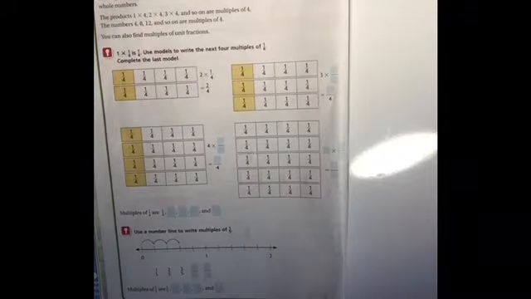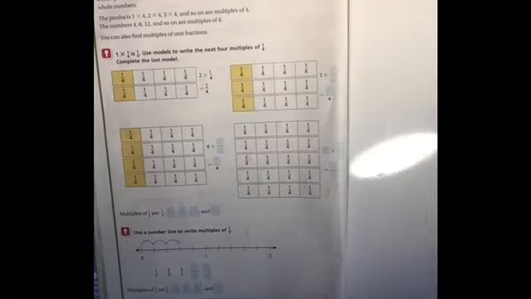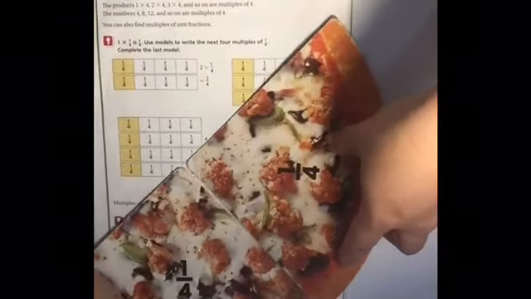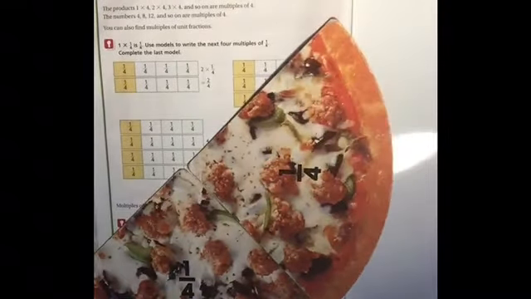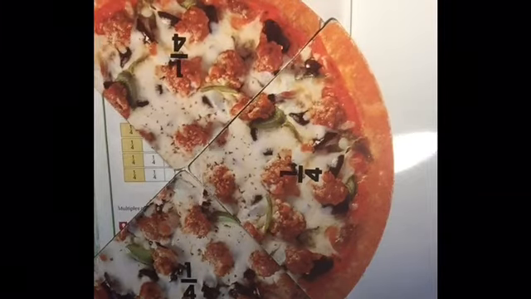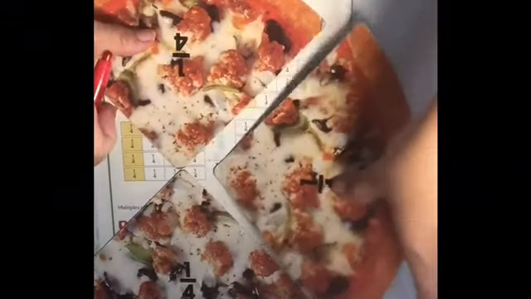So looking at our pizza, now we see 3 times a fourth. So let's bring that pizza back. So 1/4, 2/4, and 3/4. Oh my goodness. So 3 times 1/4 must equal 3/4.